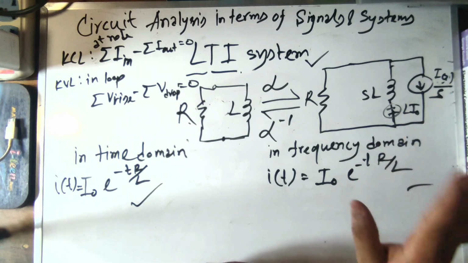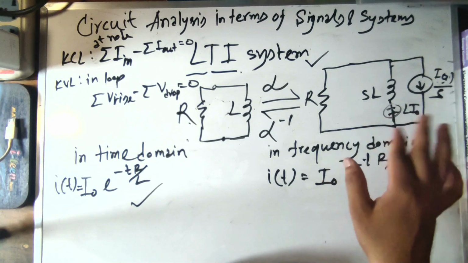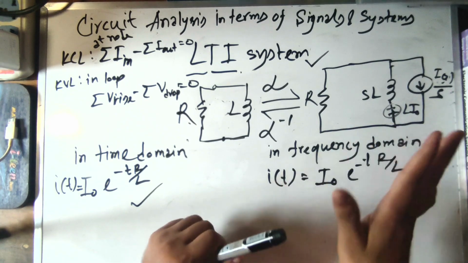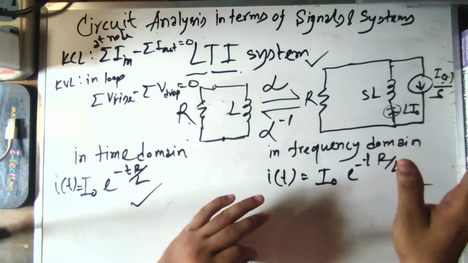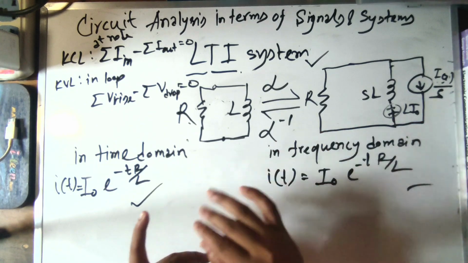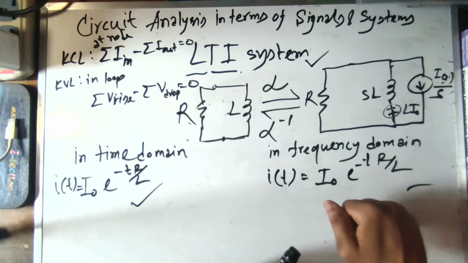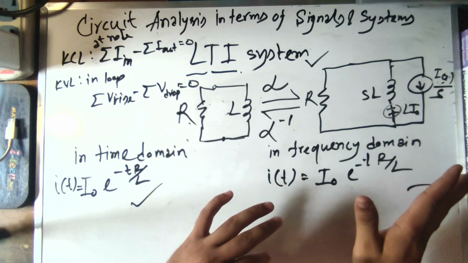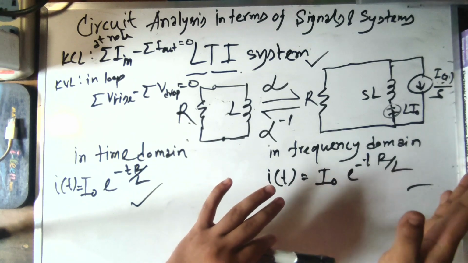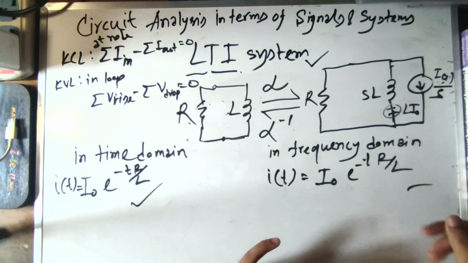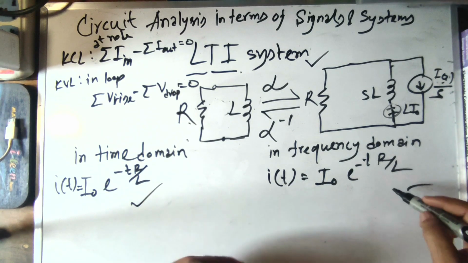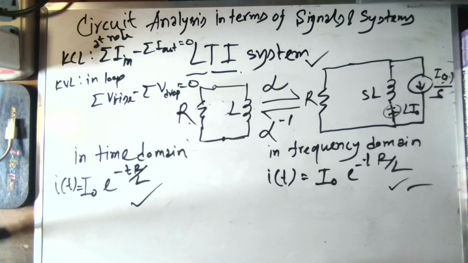So by using KVL also, because the Laplace transform fully converts the differential equation into an algebraic one, we use KVL, obviously, because it's linear in the frequency domain also, and got our answer. The same answer is this.